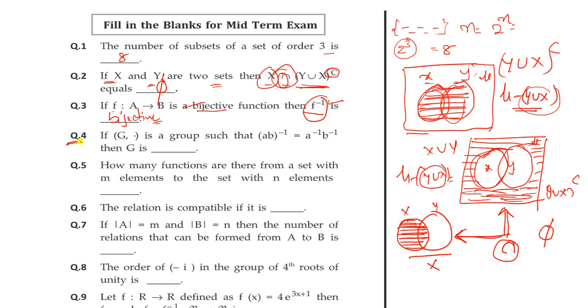And next, the fourth question. The dot operator means product. For example, the dot indicates product. Now a group such that (AB) inverse equals A inverse B inverse.